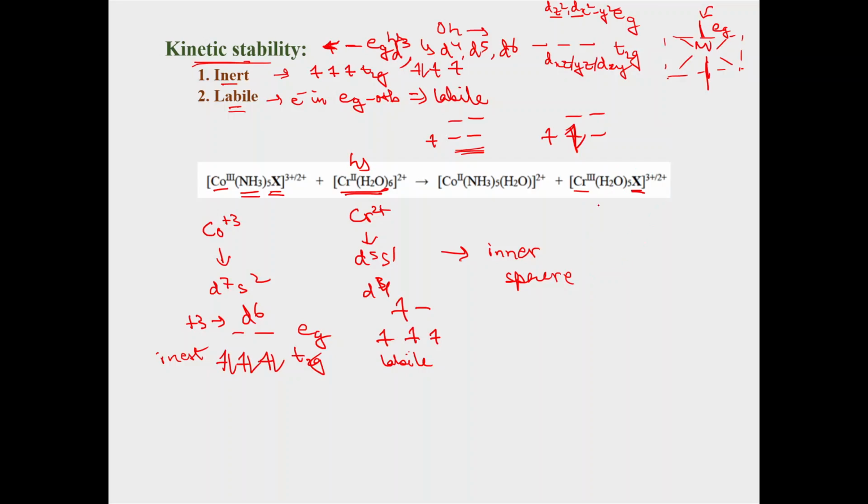Now, in inner sphere mechanism, what happens is, here cobalt is in +3 oxidation state. It is having 5 ammonia ligands, and there is X, say 3 plus or 2 plus, and chromium H2O whole 6 2 plus.